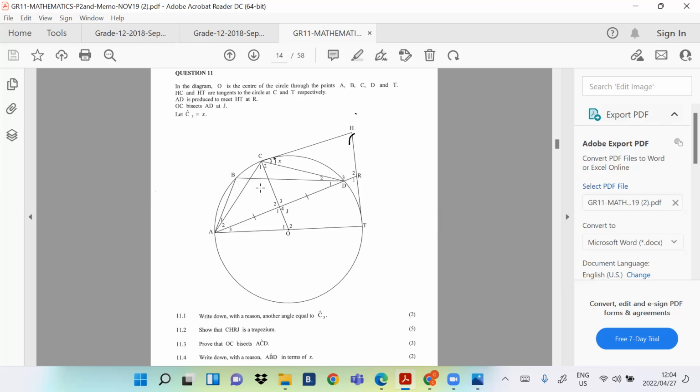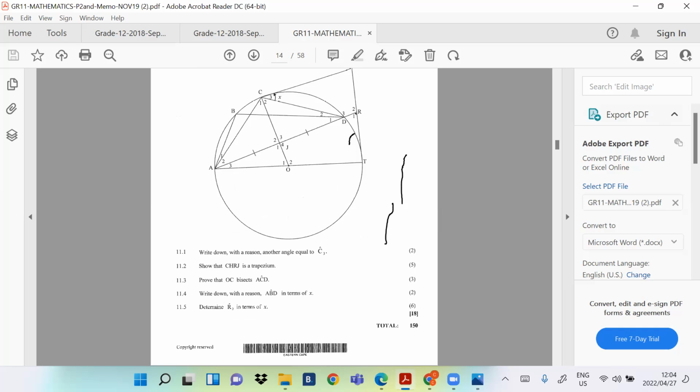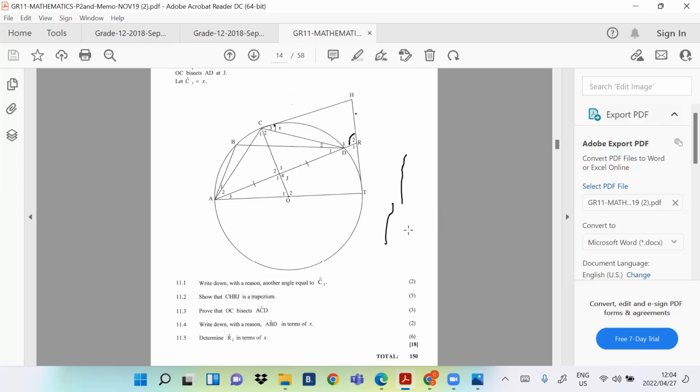What do you guys see here? How many marks is that? 6 marks. Okay, that's a long calculation. Let's check the memo because I don't have time anymore.